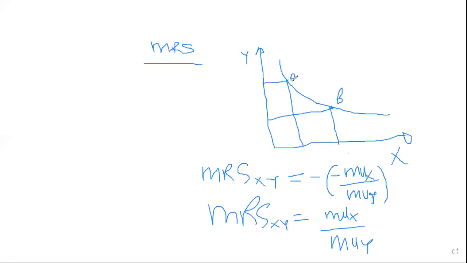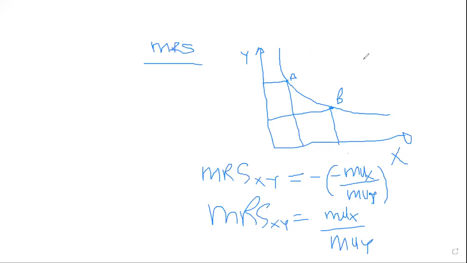So here, if the substitution rate is 4, when you go on, it will go to 3, it will go to 2, it will go to 1, and so forth. So as you move along the indifference curve, the rate at which you substitute one commodity for the other diminishes. And that is what we call the law of diminishing marginal rate of substitution.